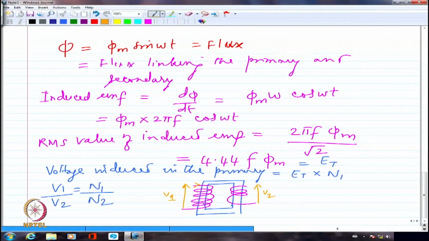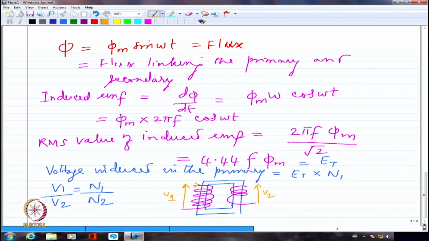Nothing more than that. If I want to establish a nominal flux, I might require a very, very small amount of current because the core has high permeability, right? So the current drawn by the transformer when the secondary is open circuited is known as the no load current.